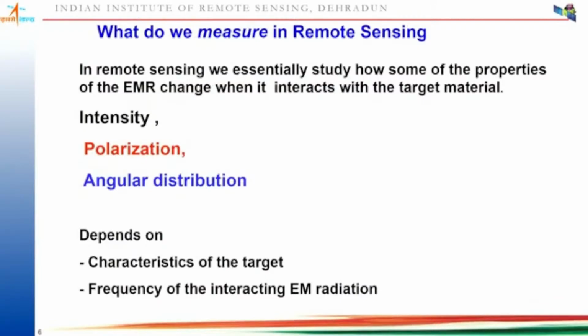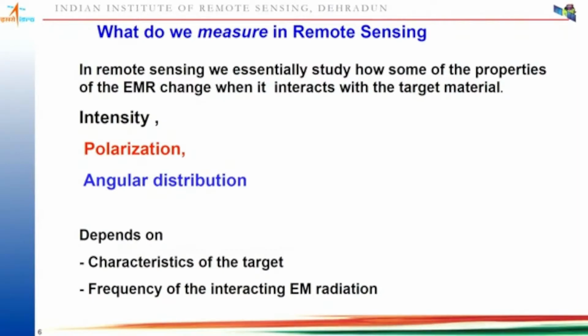Now, what do you measure in remote sensing? In remote sensing we essentially study how some of the properties of electromagnetic radiation change when it interacts with material bodies or the target material. The important changes are the change in intensity, the change in polarization, or the change in angular distribution.